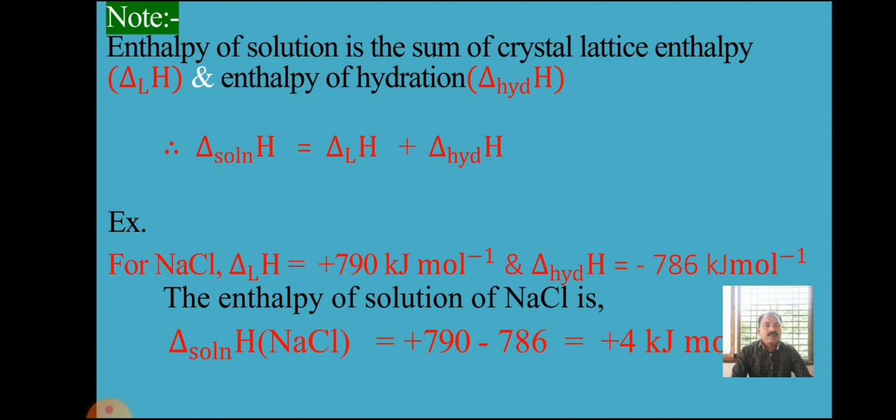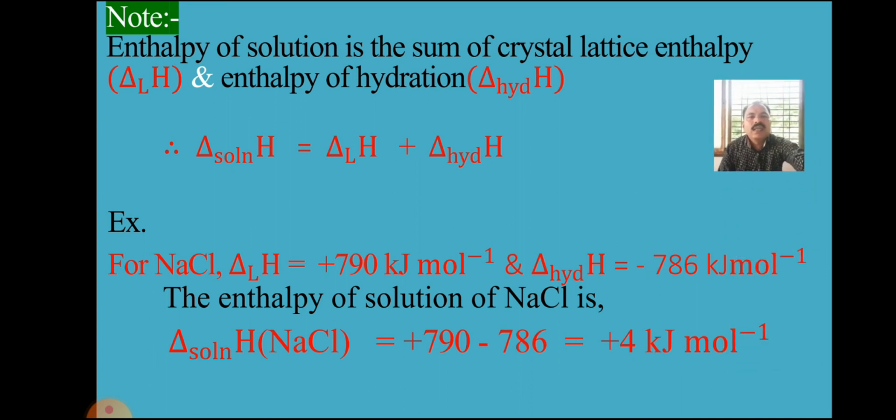Example, for NaCl, its crystal lattice enthalpy is equal to plus 790 kJ per mole, and its enthalpy of hydration is equal to minus 786 kJ per mole. Then the enthalpy of solution of NaCl, delta soln H of NaCl, is equal to plus 790 minus 786, which is equal to plus 4 kJ per mole. Thank you.